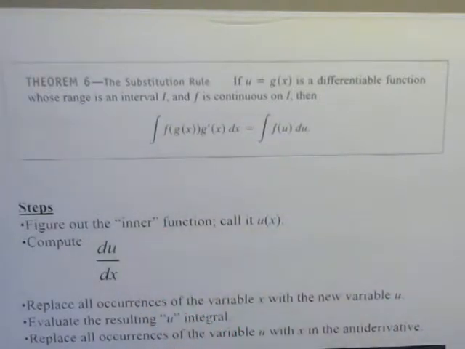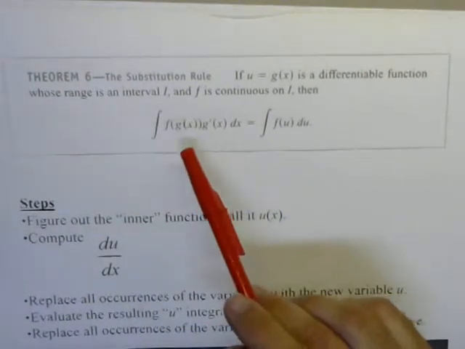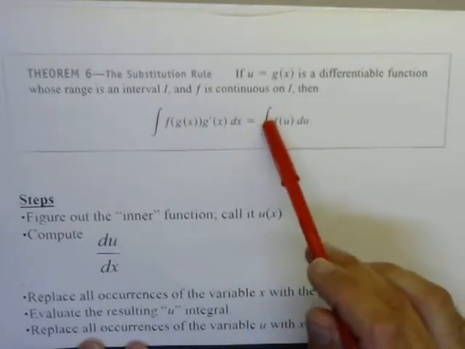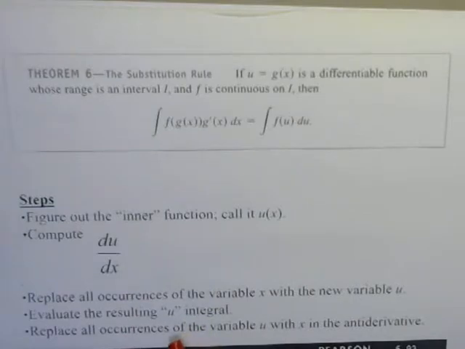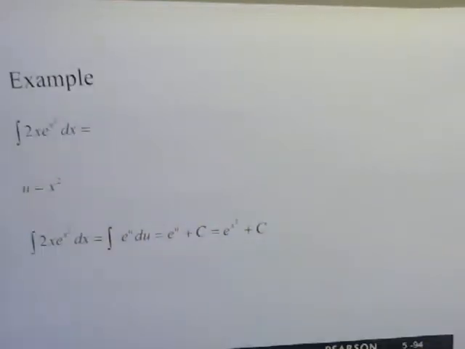So it's a transformation of variables, where you're transforming the integral from a variable with x into something with the variable u. And the idea is hopefully this new integral will be easier to integrate than the original integral, and then you just have to substitute back, right? Because you want the answer in terms of x when you're done.